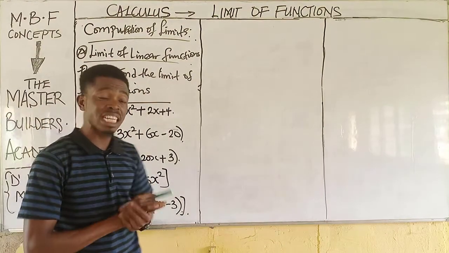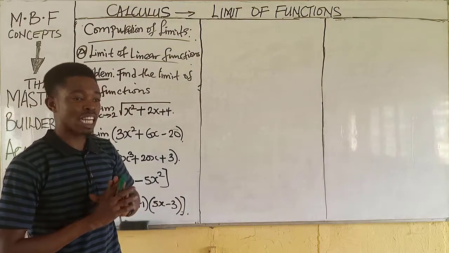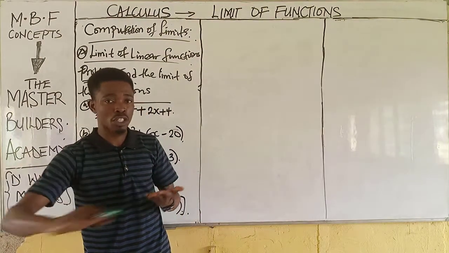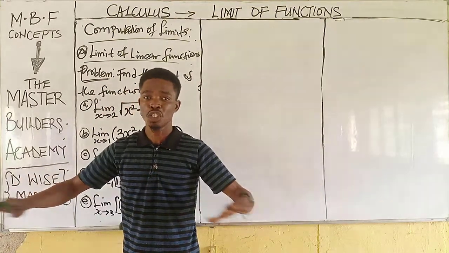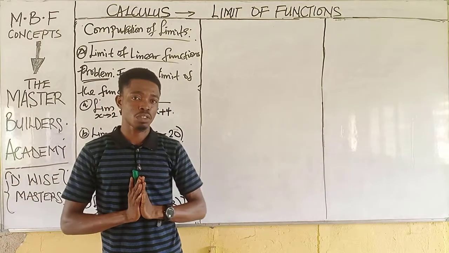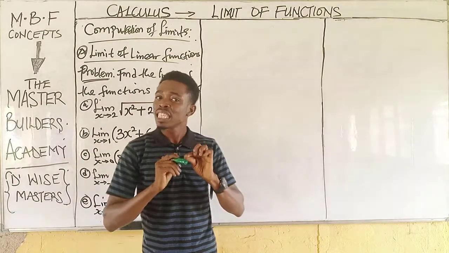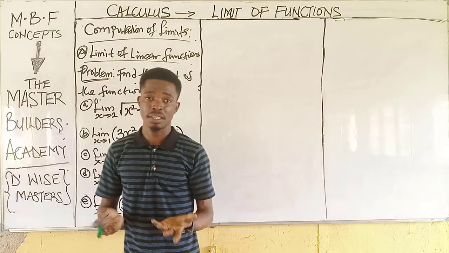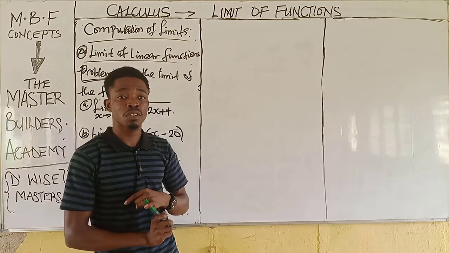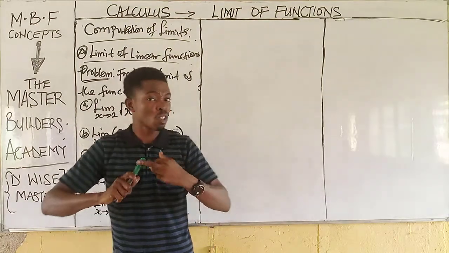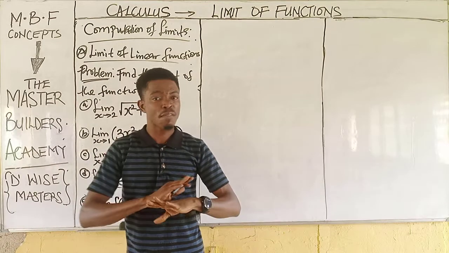For linear functions, this is an expression where you do not have a numerator or denominator. It's just a straight line function, and it can be a combination of one or two functions that we have mentioned in our previous lessons. It can be only polynomial functions, a combination of polynomial and trig function, or polynomial and exponential function, any function at all.